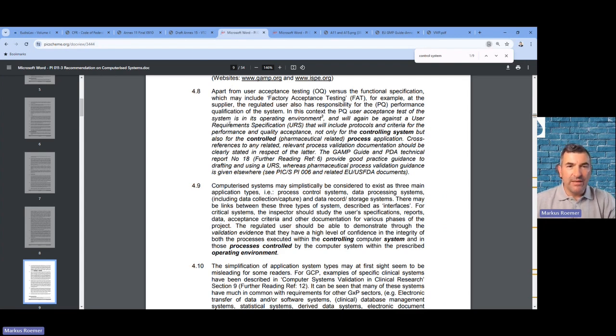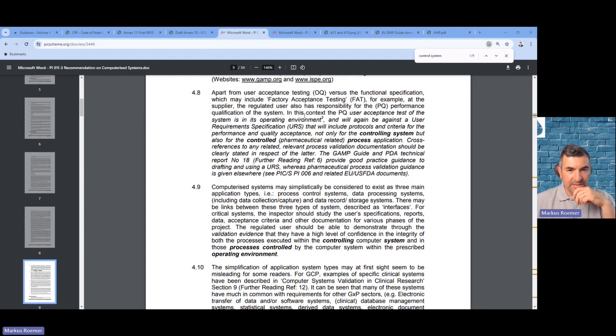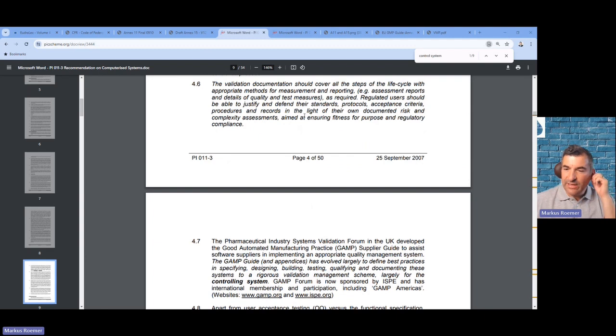Okay, so we go now to the PICS document. PICS is providing very good documents, and here we look into basically an older document. It's a kind of a recommendation on computerized systems, PI 011 from 2007.